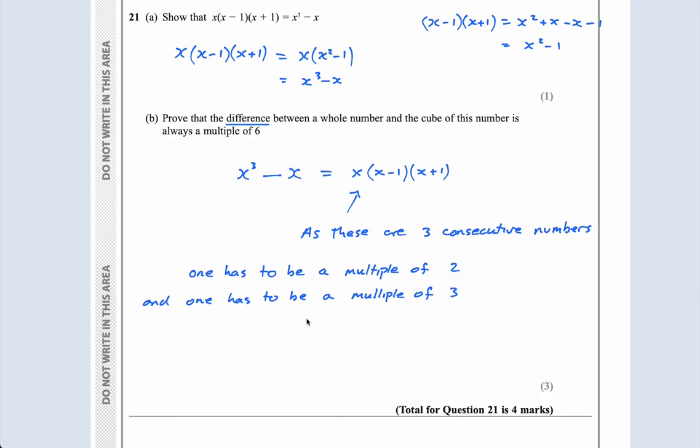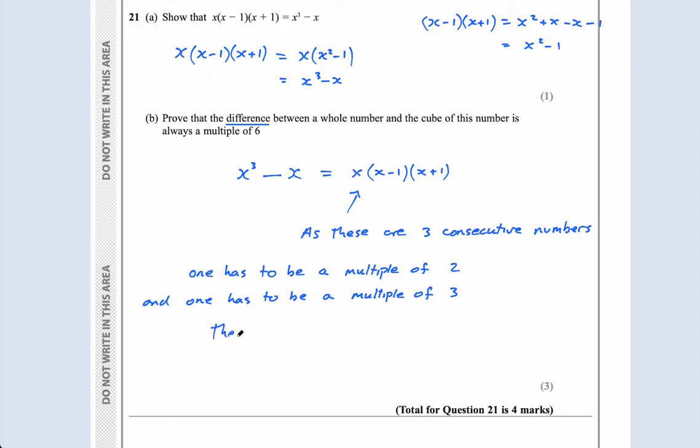Because if you have a multiple of 2, then if you either add 1 on or subtract 1, you're going to get a multiple of 3. I'll give you another example. Let's say 16 is a multiple of 2. The number after 16 is 17, and the number before 16 is 15. This is a multiple of 2, and this is a multiple of 3. And that would work for any of them. So one of these has to be a multiple of 2, and one has to be a multiple of 3.